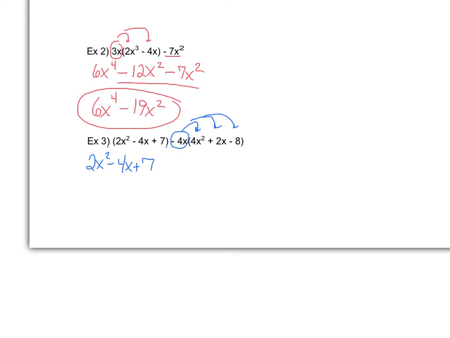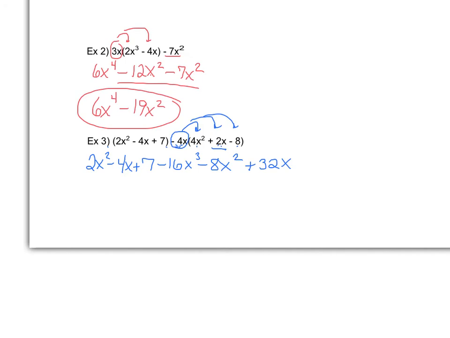Minus 4 times 4 is minus 16. x times x squared is x cubed. Minus 4x times 2x. Minus 4 times 2 is minus 8. x times x is x to the second. And finally, minus 4x times minus 8 is positive 32x.